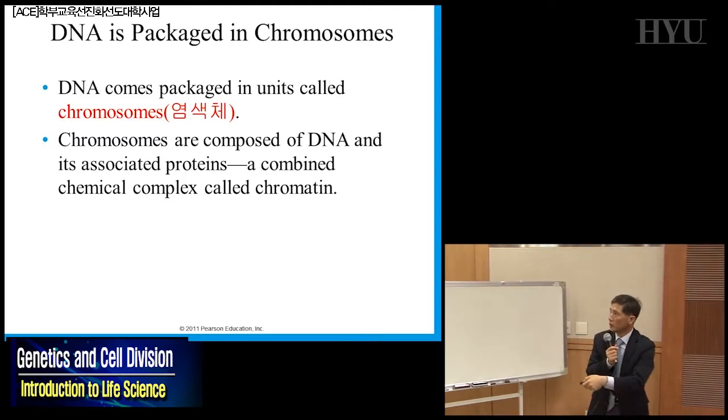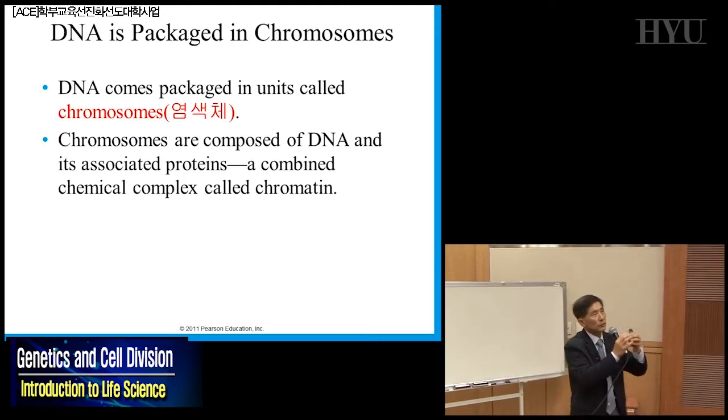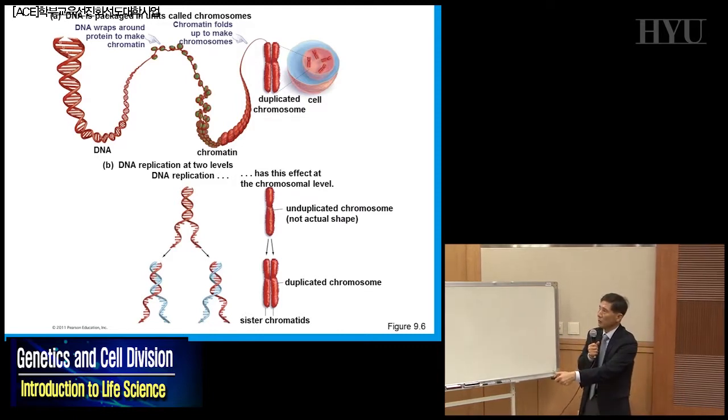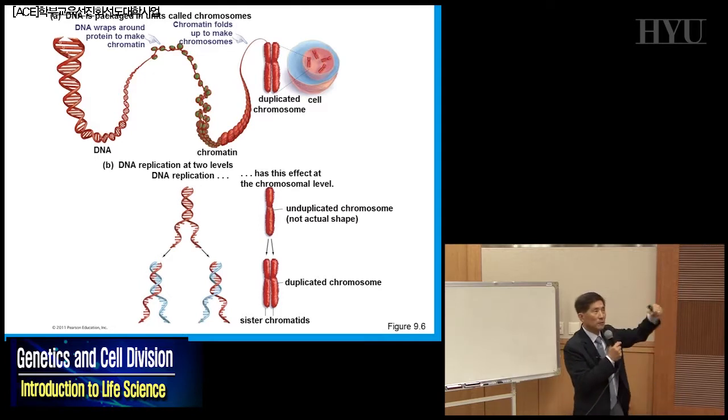In a chromosome, not only DNA is there, there are some proteins involved, but we don't have to worry about it at this point. So conceptually it's like this. Starting with the DNA double helix, you can have some proteins called histone proteins. It's like beads on a string, your necklace. You wrap around the string and the beads.